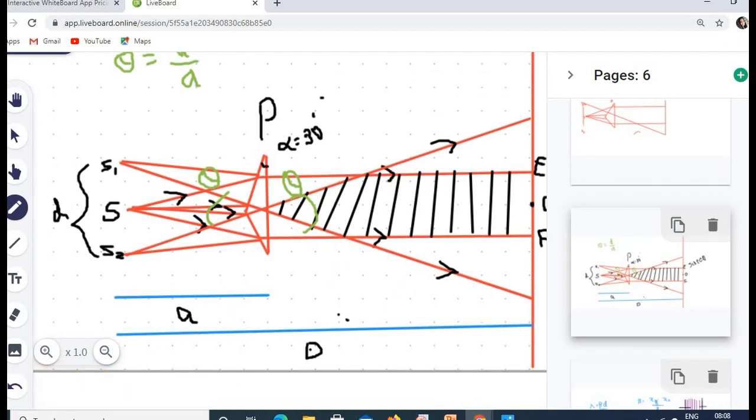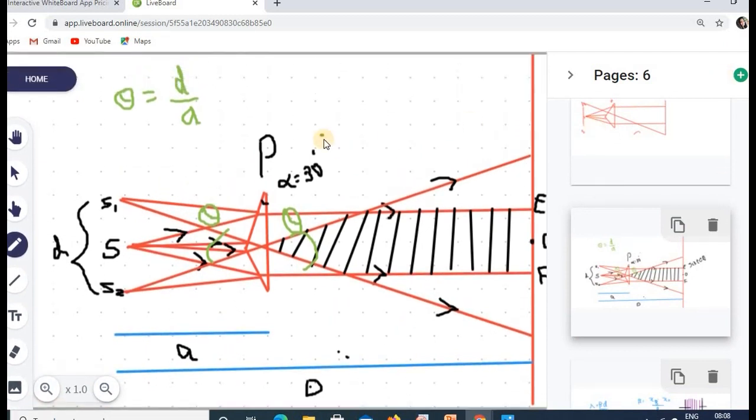Delta, the deviation produced in a ray path when it passes through a medium of refractive index mu with a refracting angle alpha, is written this way: delta is equal to mu minus 1 into alpha.